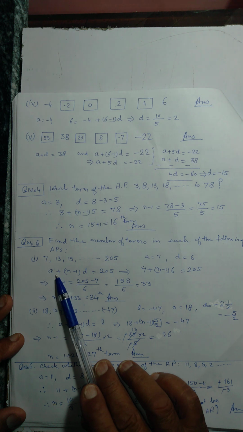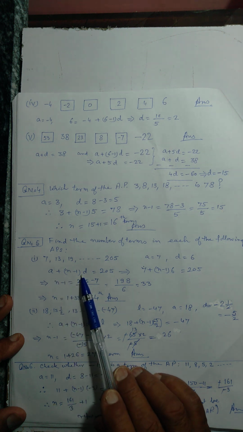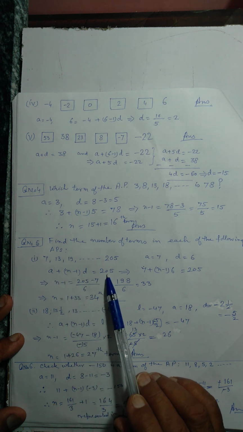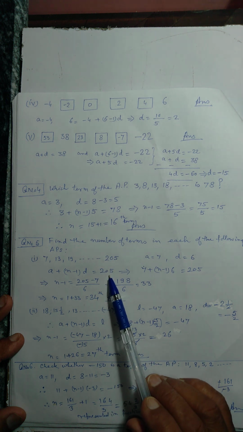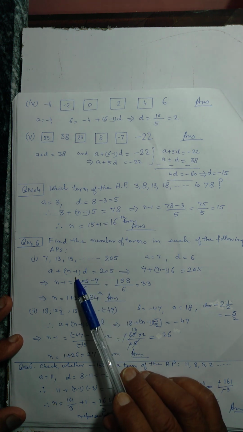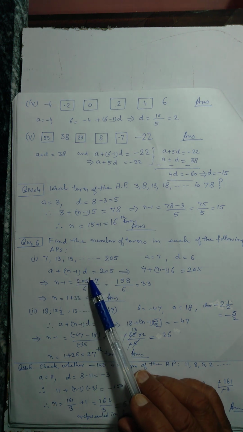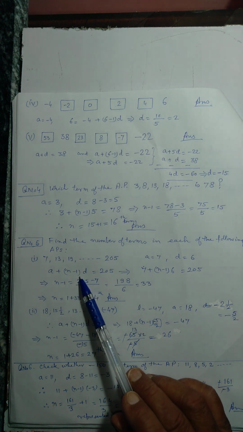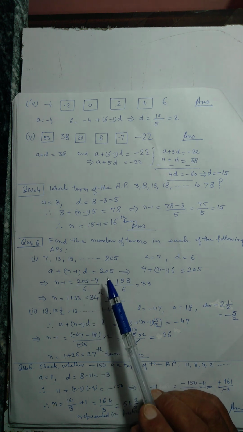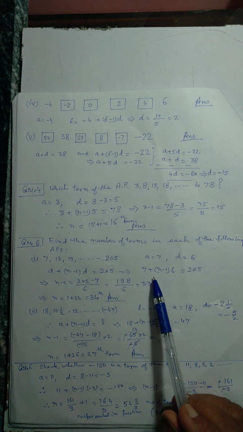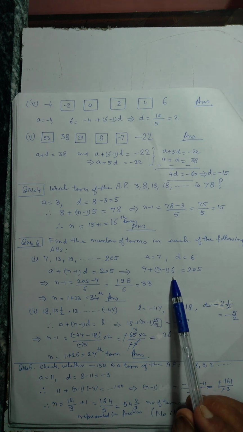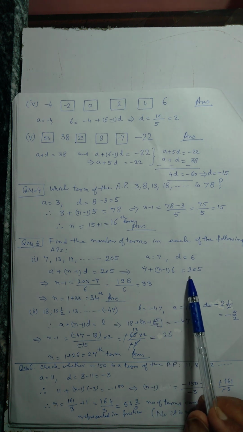So A plus (n minus 1) into D is equal to 205 is given. We have to find the number of terms whose nth term is 205. So 7 plus (n minus 1) into 6 is equal to 205.